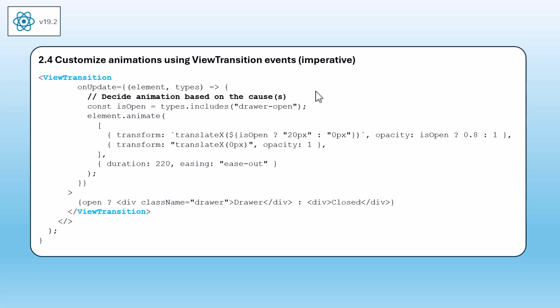For example, if the transition was triggered by backward navigation, you can choose one animation. If it was triggered by forward navigation, you can choose another. This approach offers fine-grained control for advanced use cases or highly custom animation requirements.